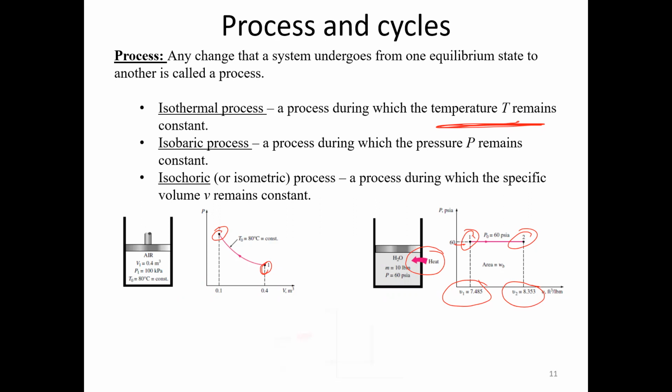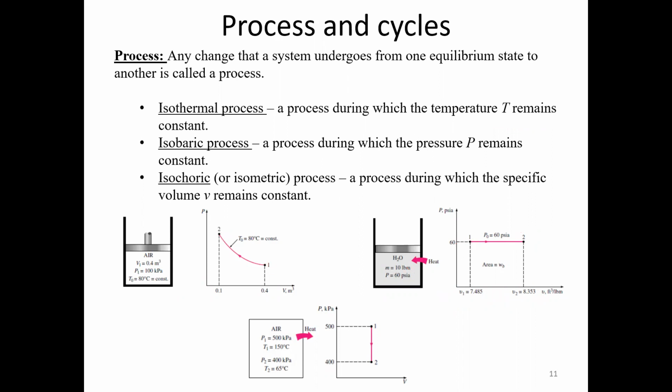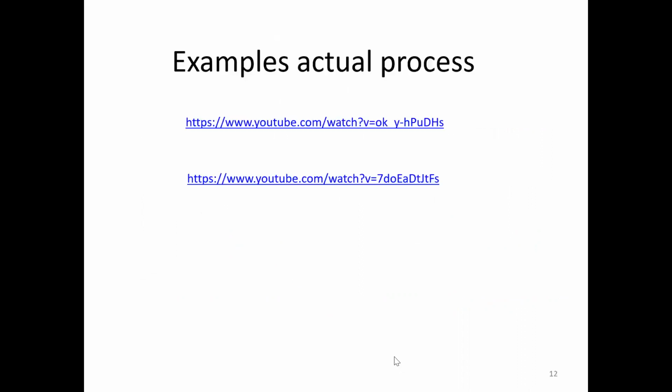So as you can see, each one of them has its own process: constant pressure, constant temperature, or constant volume. These are the types of process we have in thermodynamics. Probably you can refer later on to this video.